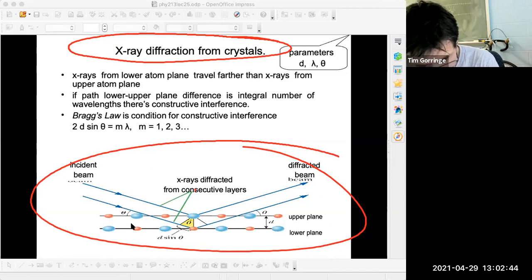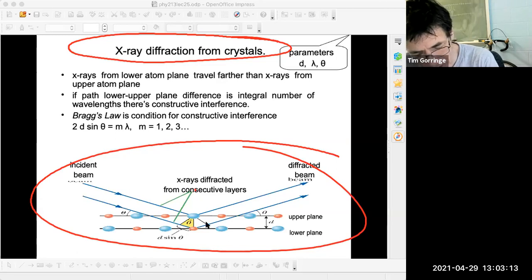Downstairs here is a picture of a crystal. And you might imagine this is a sodium chloride crystal. Sodium chloride crystals are sodium and chlorine ions. There's smaller sodium ions, there's larger chlorine ions. In red here are the sodium ions, and in blue here are the chlorine ions.